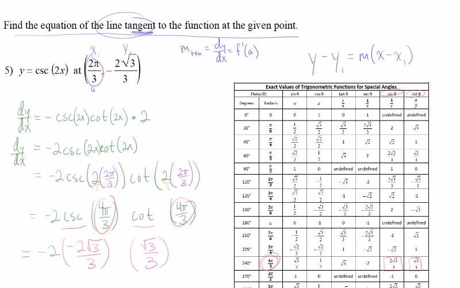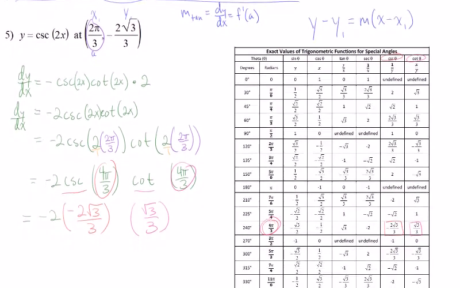Now I'm just going to multiply all that together. This is 2 over 1, so on top I have everything multiplied together. Negative 2 times 2 is 4, and root 3 times root 3 is 3, so on top it's 4 times 3. On the bottom, 1 times 3 times 3 is 9.